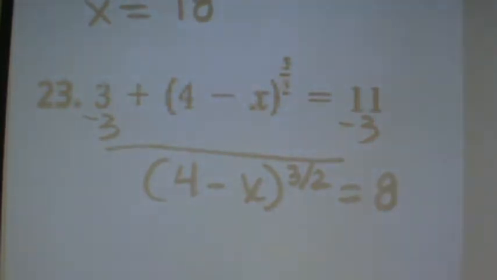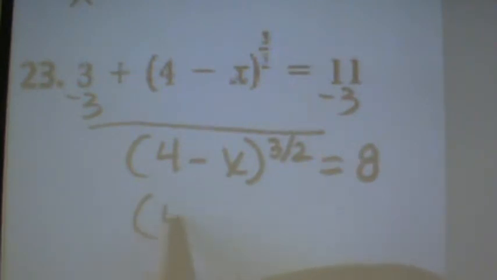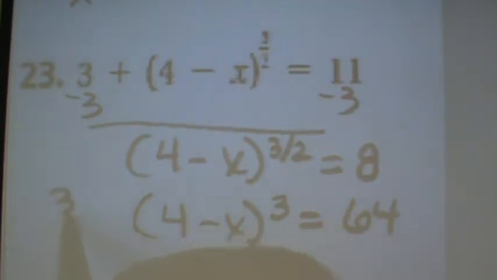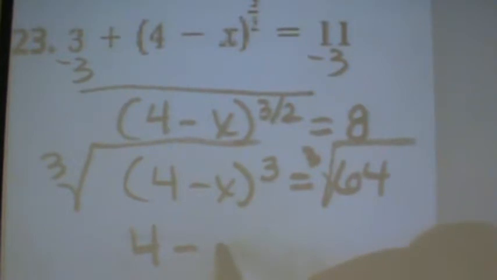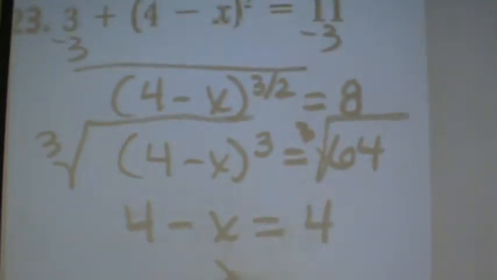Right, 8. I would square both sides. You get 64, right? Now you're going to take the cube root of both sides. You're going to get 4 minus x equals 4. What's the answer?